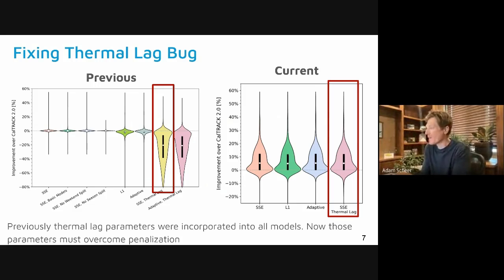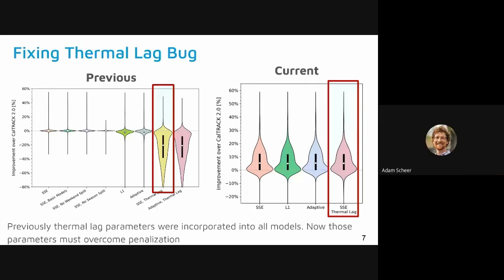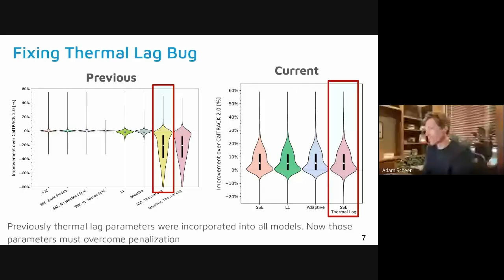So thermal lag is, at the very least, not causing this huge misbehavior, although I'll talk a little bit about the fact that it's not necessarily improving things much either in some coming slides. But it's just to say that if folks were confused by this, we were too. And this is just the nature of model development as we're in flight right now. Every few weeks we come share these results.